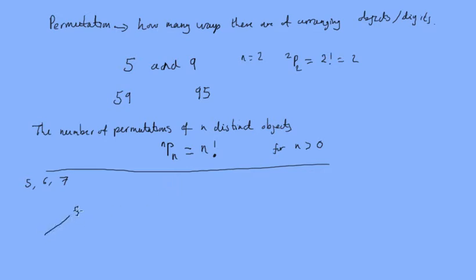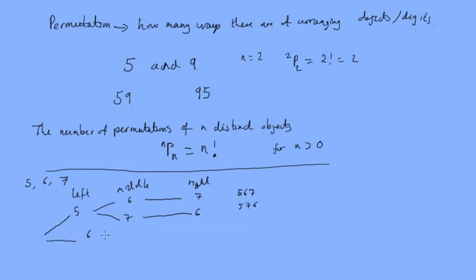So if the left hand digit, the hundreds column, is 5 to begin with, then the middle could be either 6 or 7, and then the right hand digit would be 7 or 6. So then you'd have 567 and 576.